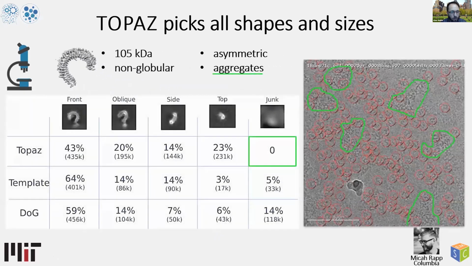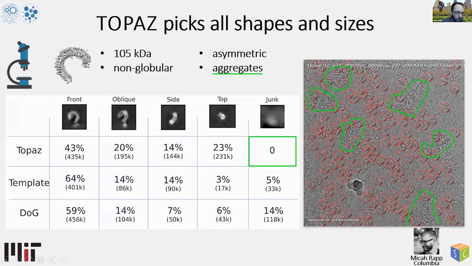And how did he actually do? He compared it with not just template picking and difference of Gaussian picking, but also deep picker and Cryolo, but those didn't pick even about 10% or 20% as many particles as these pickers. So we're comparing between these three pickers here. And as you can see, Topaz in the end picked, I want to highlight, virtually no junk. It avoided all aggregates.